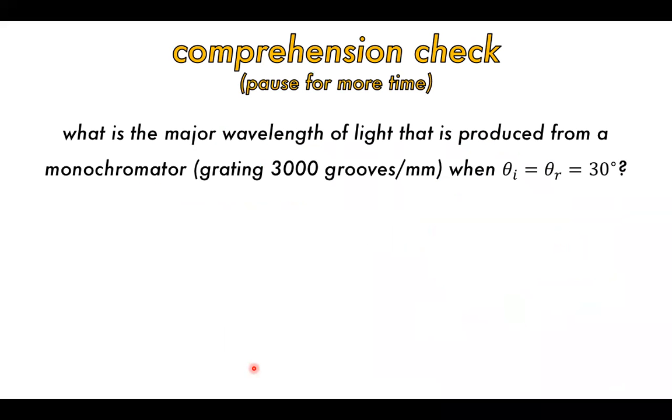Okay, so let's check our comprehension. What is the major wavelength of light that is produced from a monochromator where the grating is 3000 grooves per millimeter when the incident light angle and the reflective light angle are 30 degrees? Pause for more time if you need it. Have a little think about this, and then we'll go through it together in a moment.